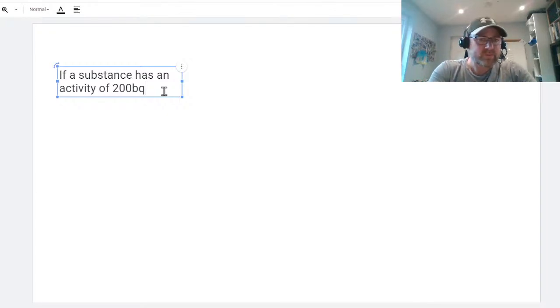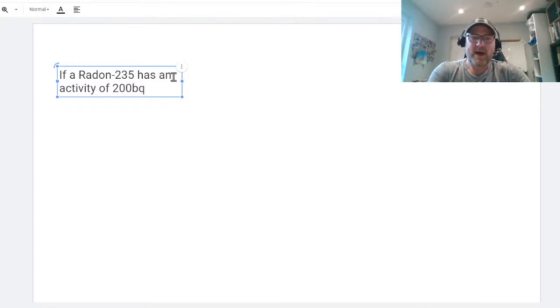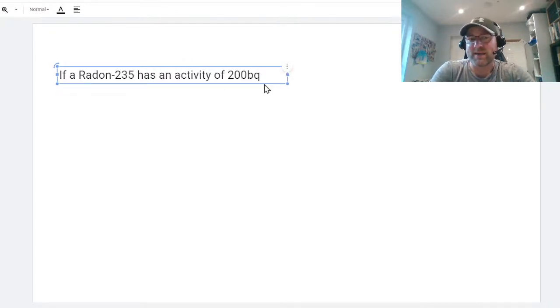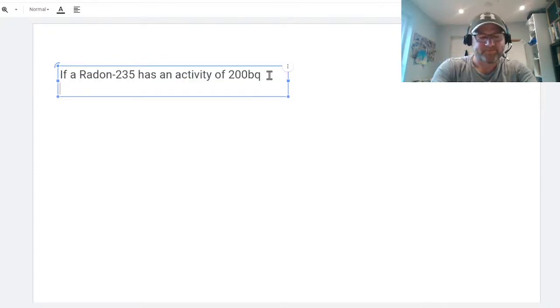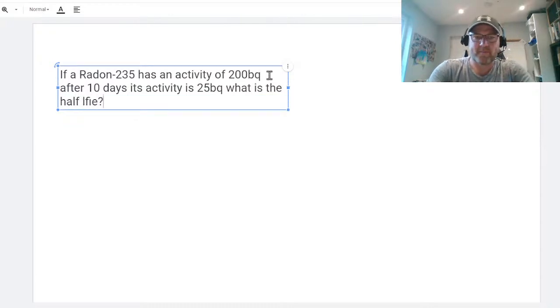Rather than me say a substance, let me put this up here, because I need to make it hard like it is in the exam. So if radon 235 has an activity of 200 becquerels, after 10 days, its activity is 25 becquerels. What is the half-life?